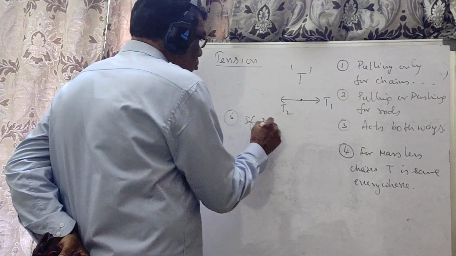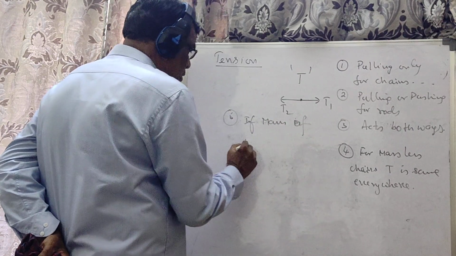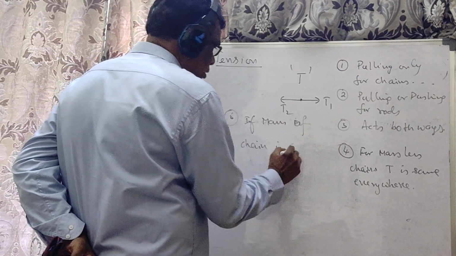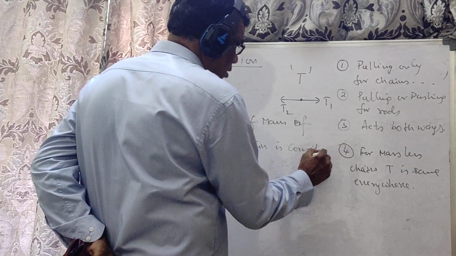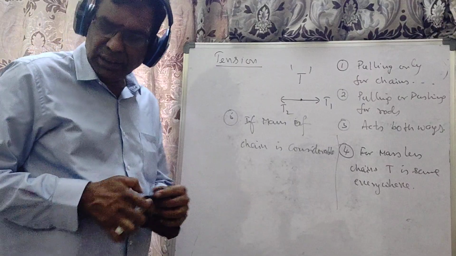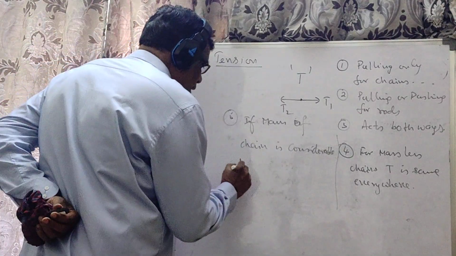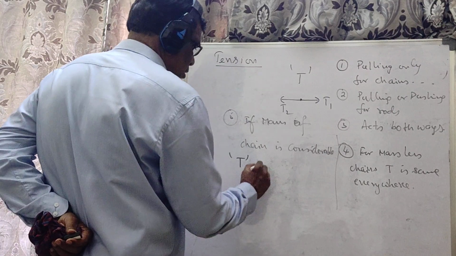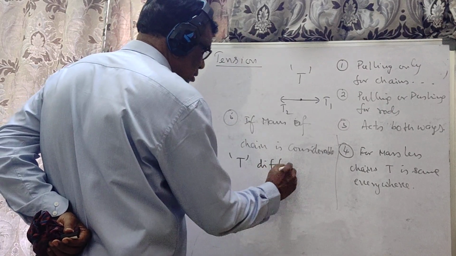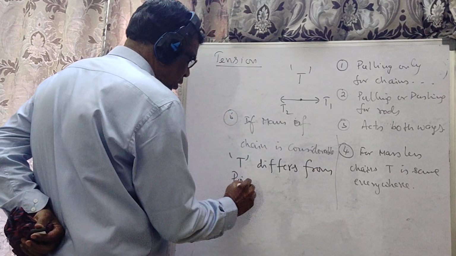If mass of the chain is considerable, then tension differs from point to point.